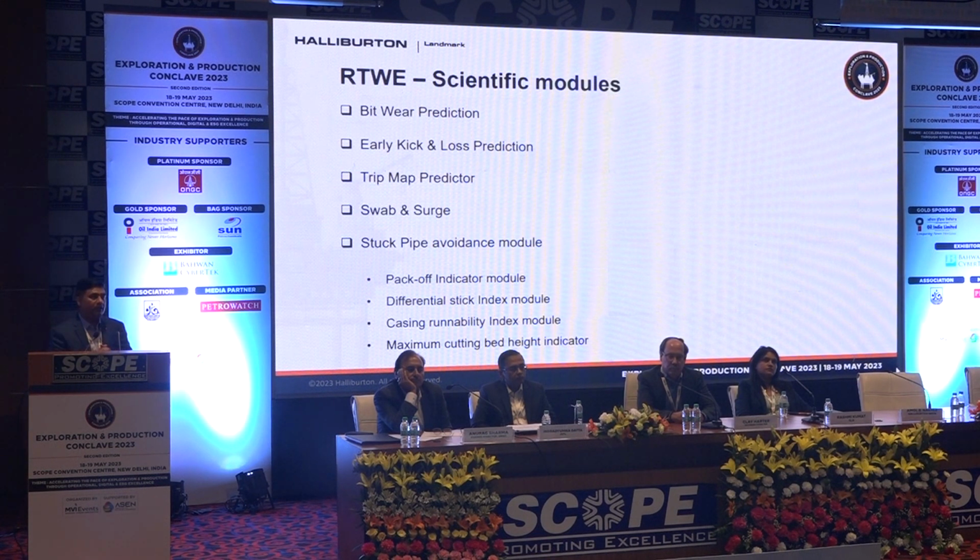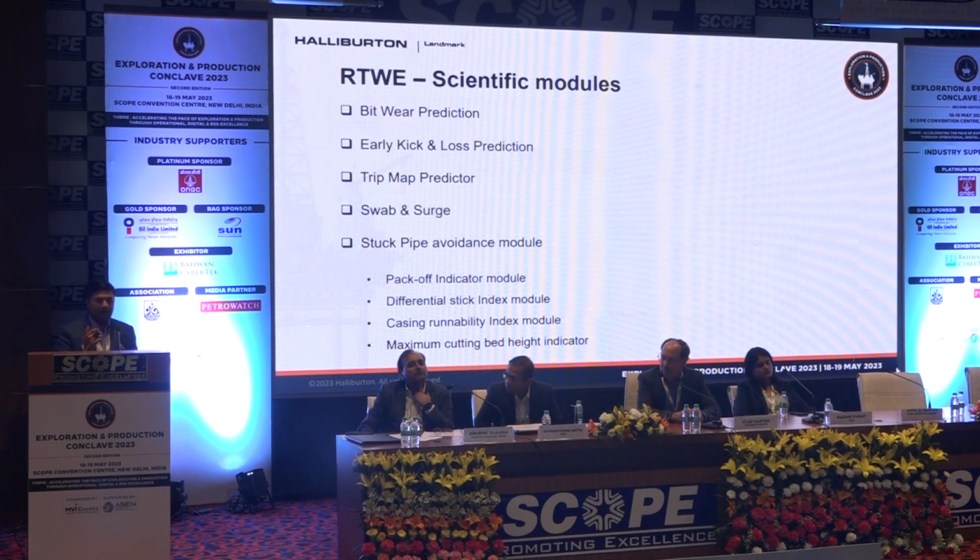Third one is the trip map indicator. We do tripping in, tripping out, I mean pulling out of hole or running in hole, but we don't know what condition is happening downhole. Let's say you stop the flow, you have a static condition, you are pulling out of hole, what indicators do you have? It is your hook loads and so on. Before you get stuck, it might give you some indications, but it can get suddenly stuck. So the trip map indicator is basically a mathematical model working in the back end, which takes into consideration hook load, drag and friction factor related information.